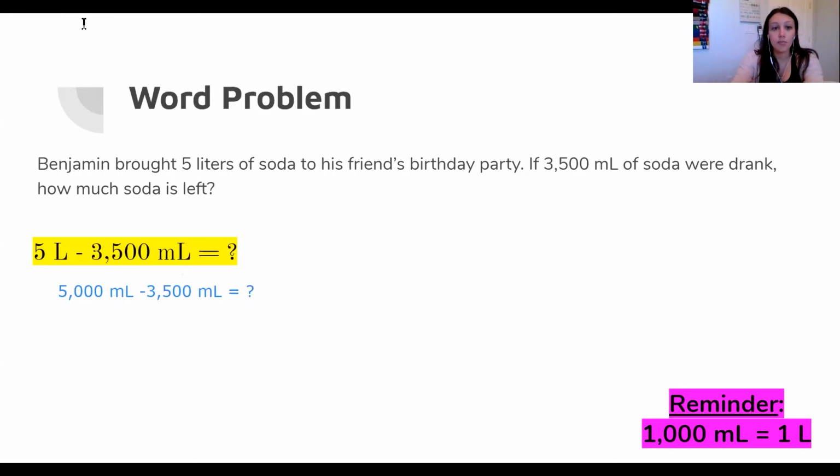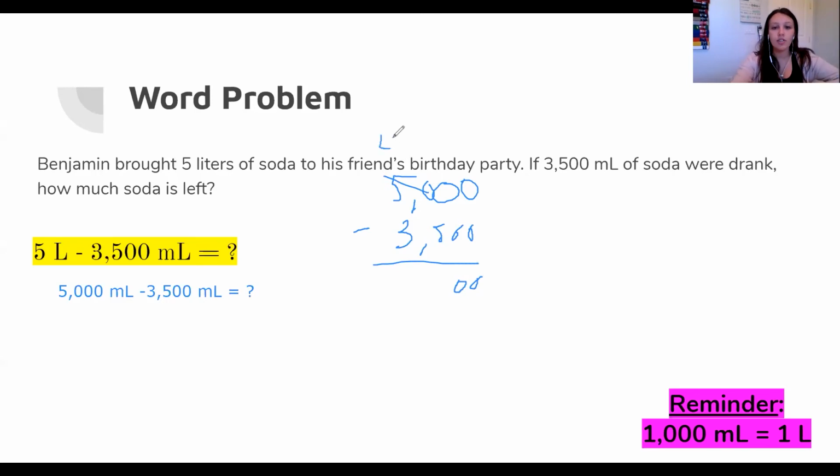Okay, so let's set up our equation now. We're going to do the standard algorithm. We have 5,000 minus 3,500. So 0 minus 0 is 0, 0 minus 0 is 0, 0 minus 5. We can't do that, so we're going to have to borrow from the place value to the left.